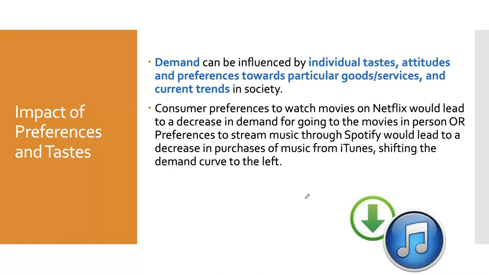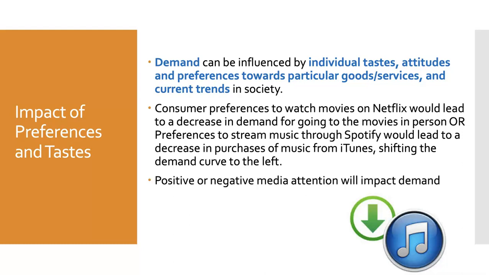Or preferences to stream music through Spotify has led to a decrease in purchase of music from iTunes or buying CDs. So personal preferences of society is going to shift the demand curve left and right, depending if it's becoming more popular, a shift to the right, or less popular, a shift to the left.